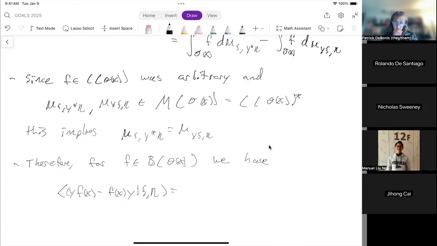We can make sense of that as the integration, since we know these two measures are equal.